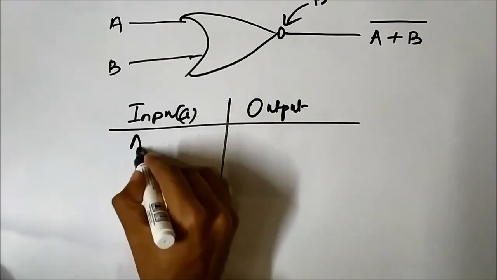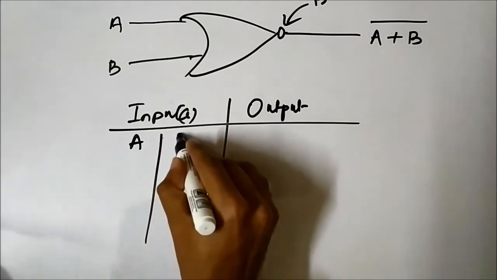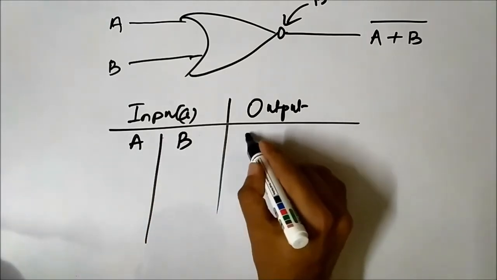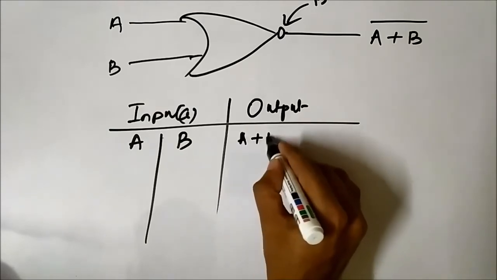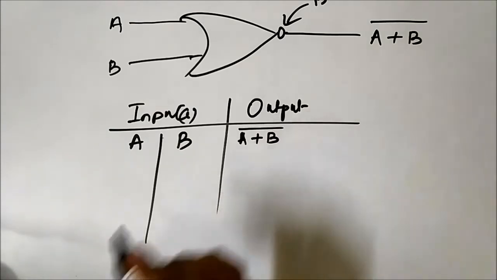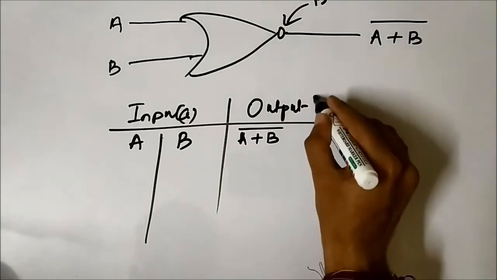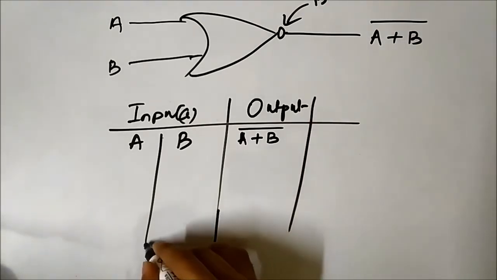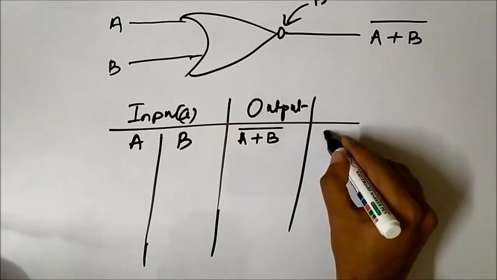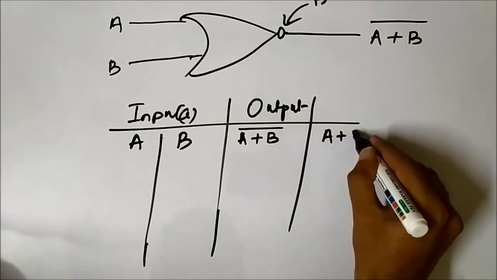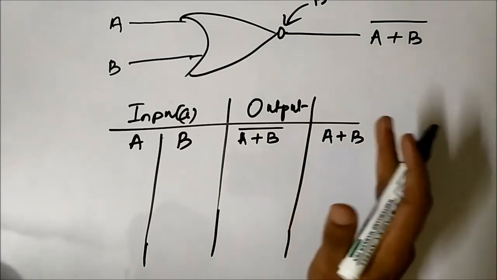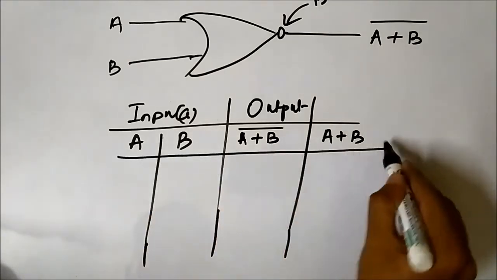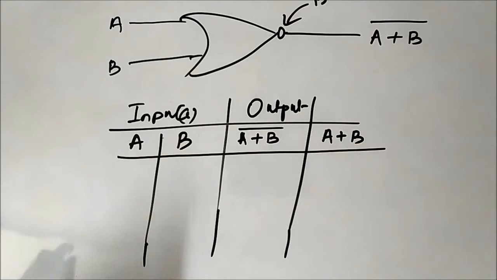The two inputs are A and B, and the output is Y, which is (A plus B) bar, the output of the NOR gate. But here let us include another column, that is the output of the OR gate, simply A or B. We will first write down the values of the OR gate and then come to the NOR gate output.